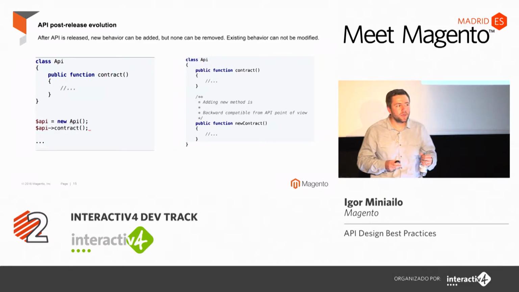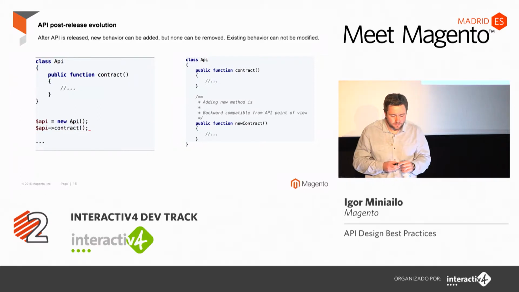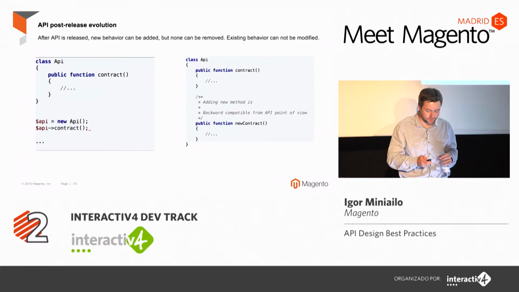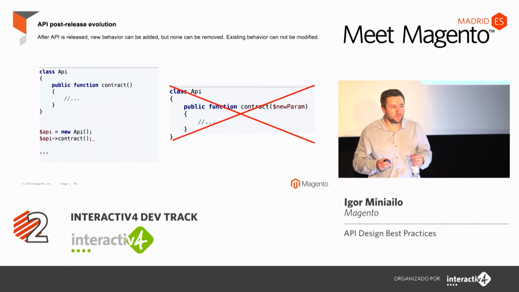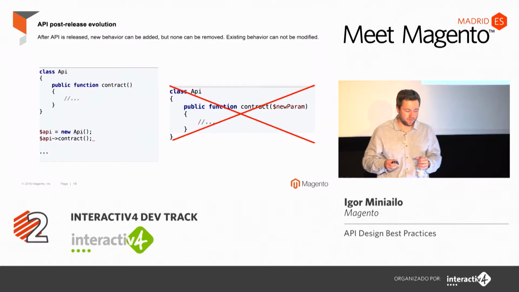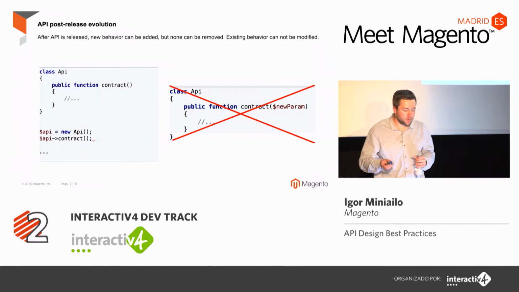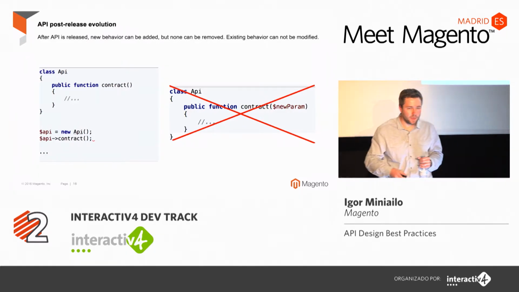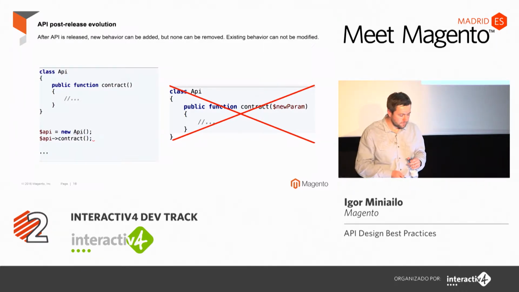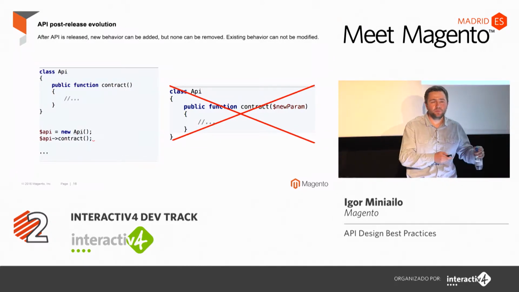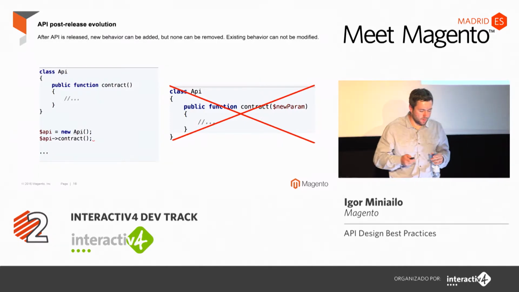So in API, we can easily add a new method, not breaking existing business logic. But we are not allowed to remove anything from the API, and we are not allowed to edit a method. For example, we cannot add a required parameter, because we would break all the extensions which rely on the previous contract. So in API we can add behavior, but we are not allowed either to update it or to remove it.